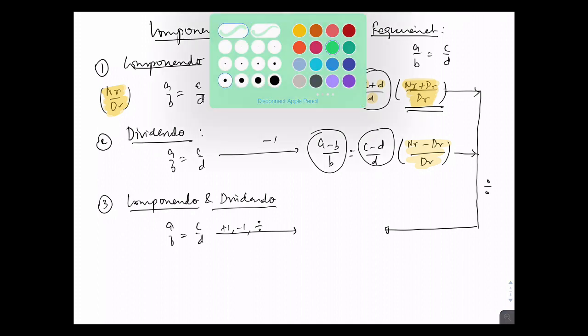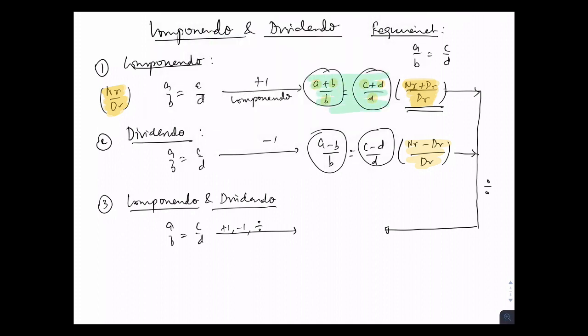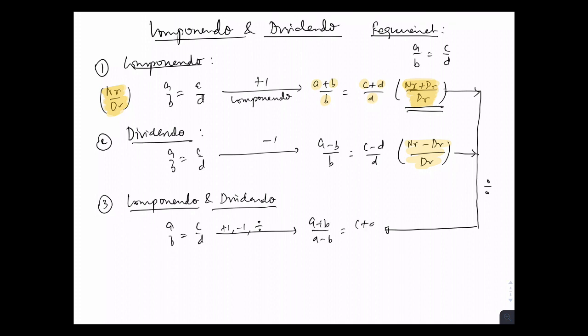Once we take the division of these two equations, we get A plus B upon A minus B equals C plus D upon C minus D. Now let's pay attention to the structure we have recovered here.